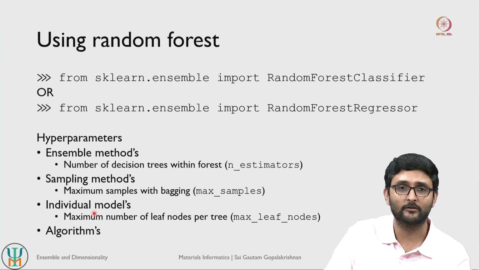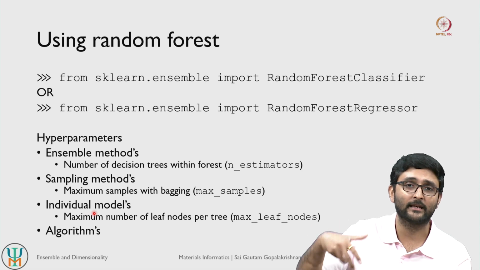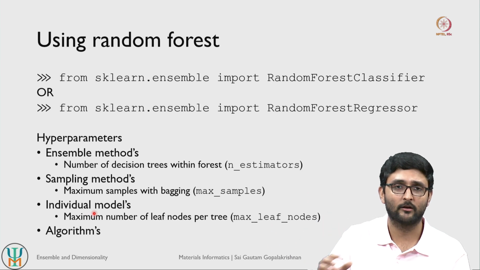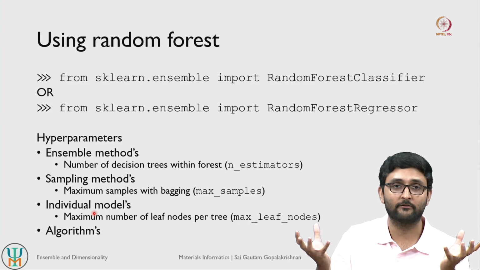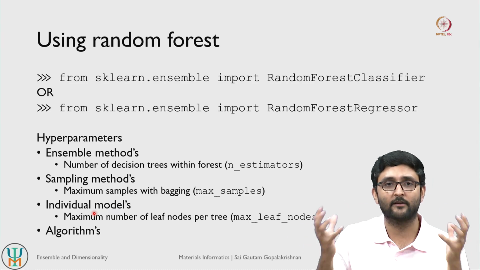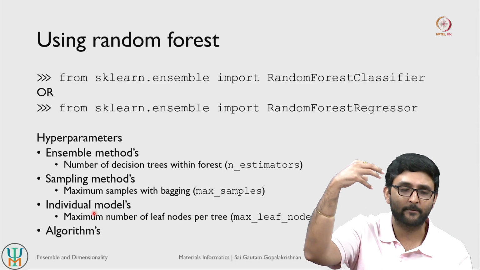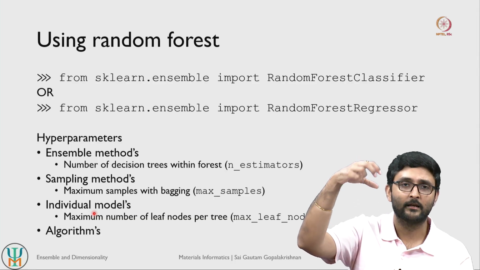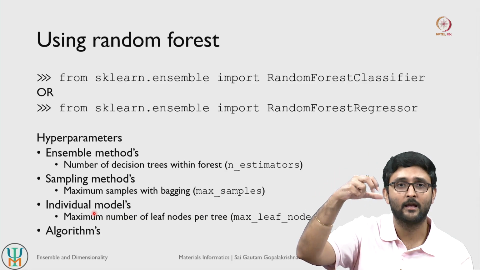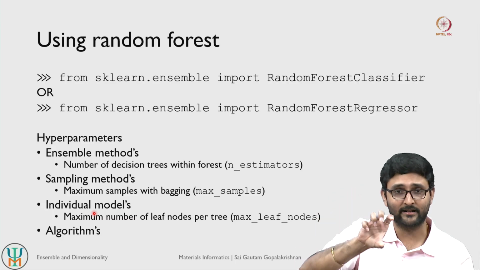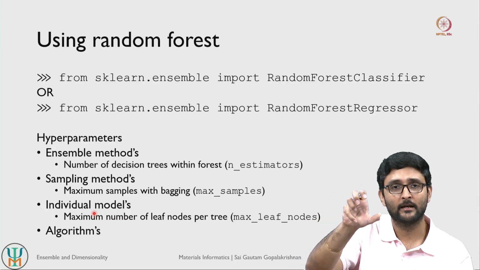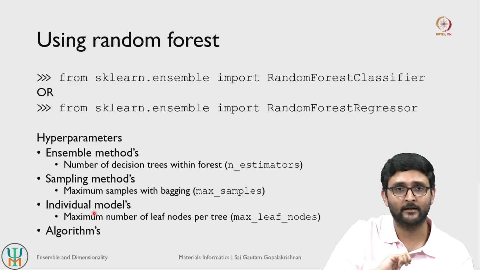Apart from these two, you also have hyperparameters associated with each individual model, right. So remember that ensemble models are a collection of individual models. So random forest is a collection of decision trees, right. So you have hyperparameters associated with the random forest: how many trees it has, and how it is going to sample the number of features as well as the number of data points for each tree, right.